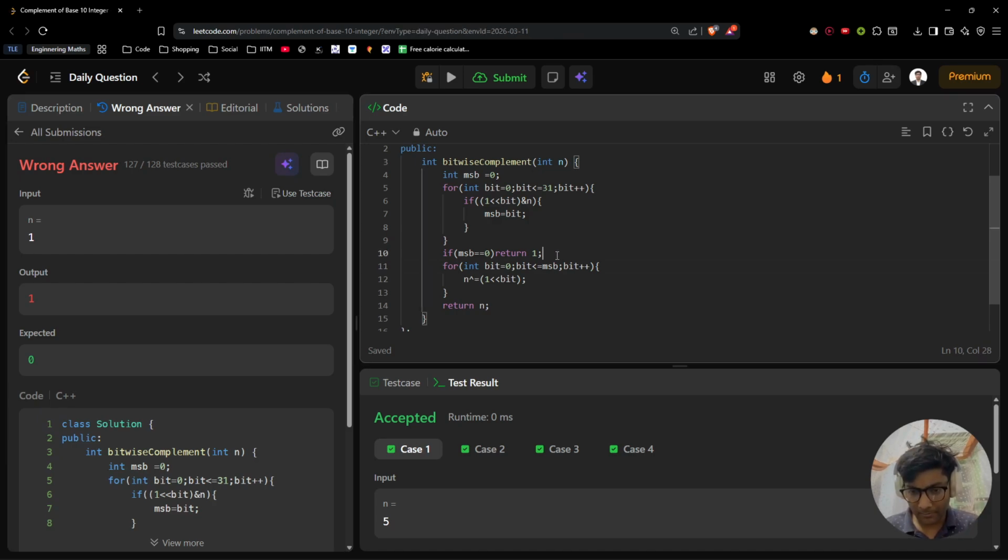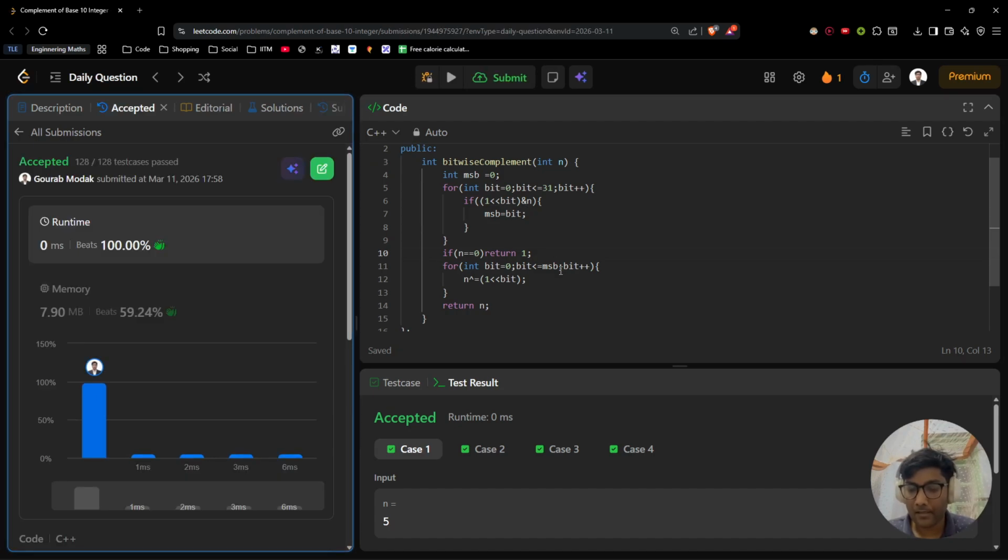Okay, if MSB equal to 0, no. If n is 0, then we only return 1. MSB 0 can be even when n is equal to 1. In that case, also MSB will be 0. Silly mistake.